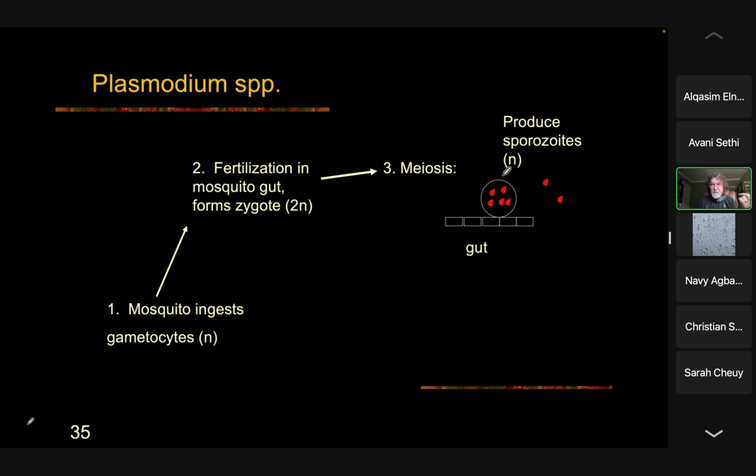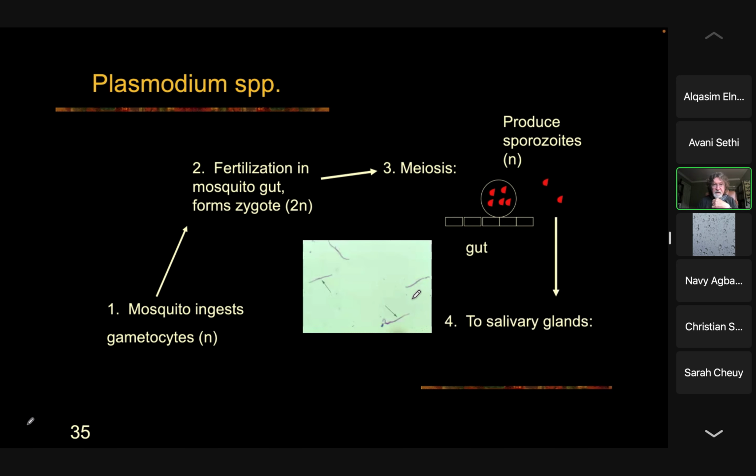The meiosis will produce sporozoites, haploid, but these will still divide to increase their number by mitosis, and eventually this blister will rupture, and sporozoites will then swim throughout the body.